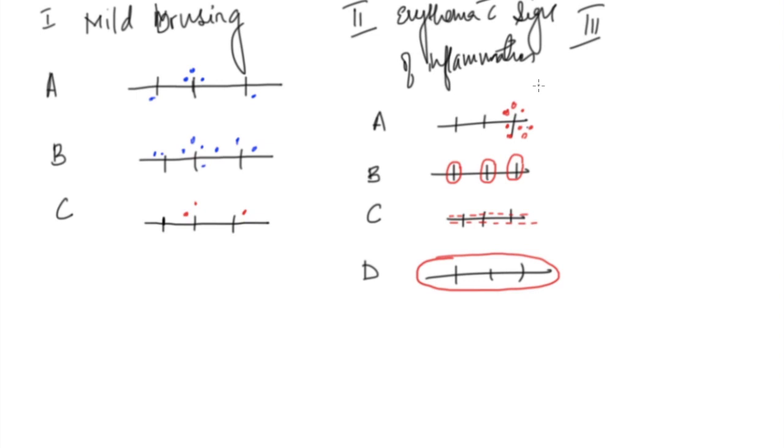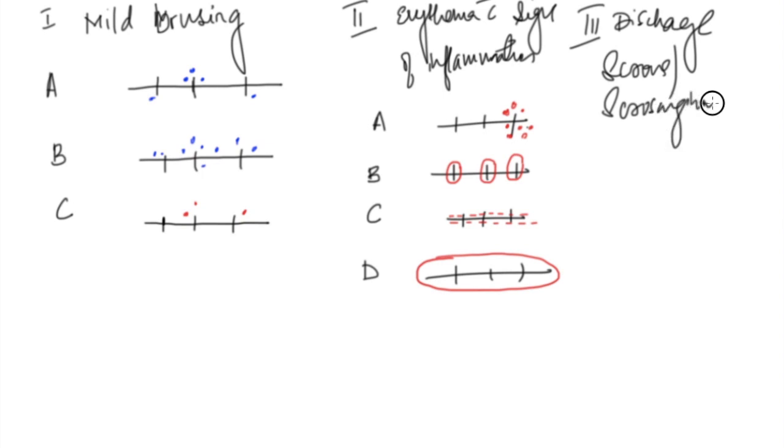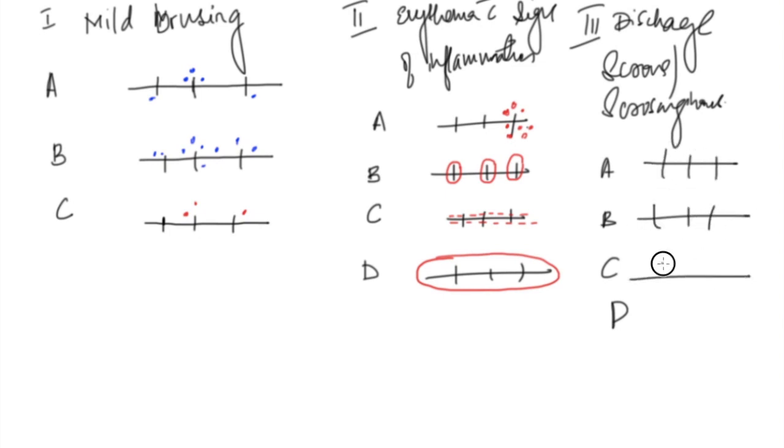That's grade 2. Coming to grade 3, when we are talking about the discharge, what type of discharge is present here? It's either serous or serosanguinous, which can be slightly mixed with blood. Again, let me draw the suture material.